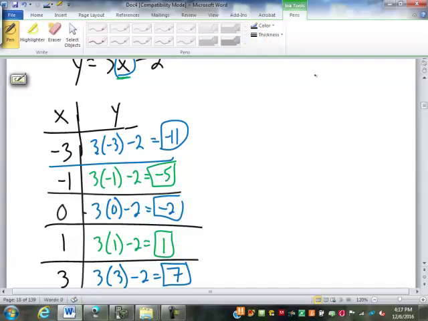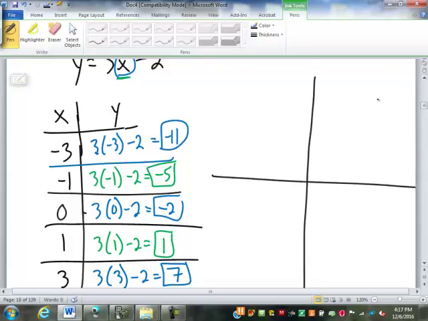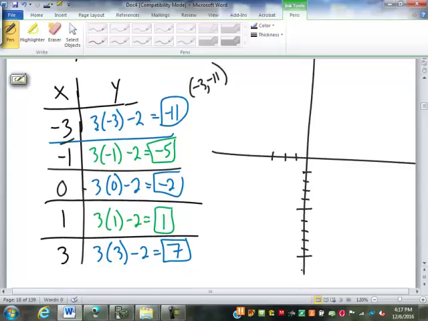What's all that mean to us? These are ordered pairs on our graph. If x is -3, y is -11, is the ordered pair -3, -11. So we go -3, -11.